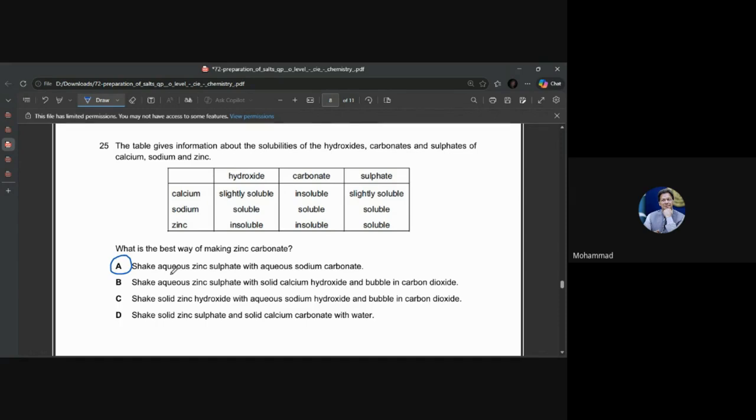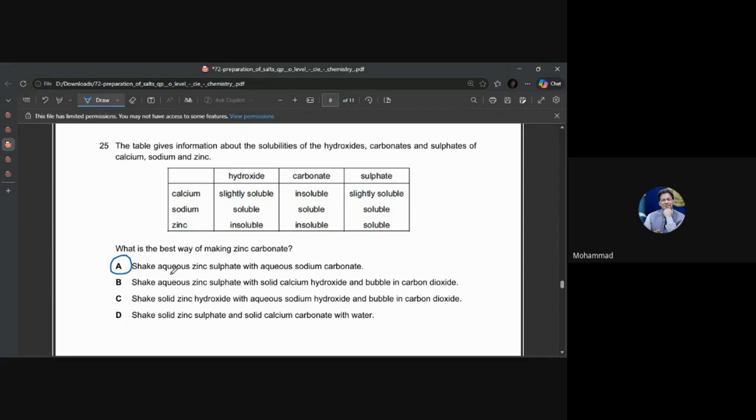B is with calcium hydroxide. The zinc carbonate is made by the precipitation method, from an insoluble salt.